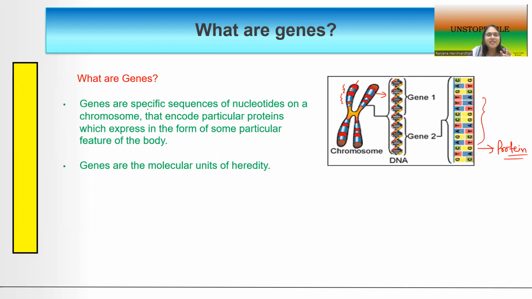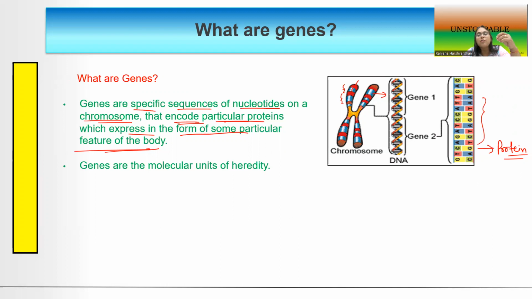So let me give a reading. Genes are the specific sequences of nucleotides on our chromosomes which encode, that is, contain information for giving reactions or making proteins, which express in the form of some particular feature on the body, like the color of my skin. For this color of the skin, a particular protein should be made.